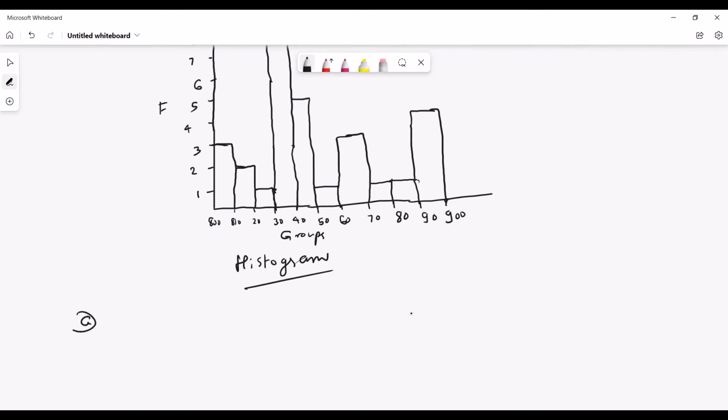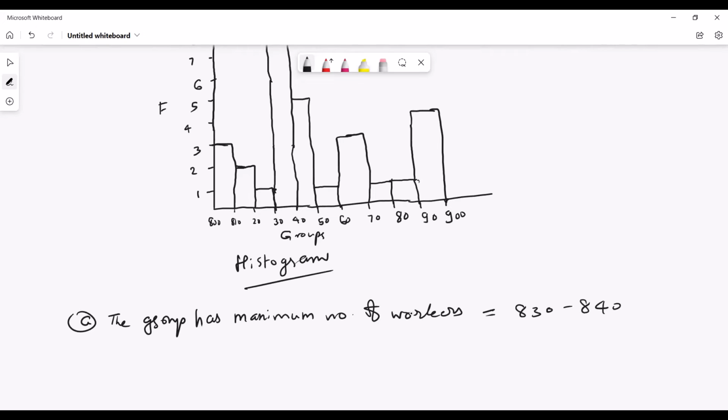So the answer for A is the 830 to 840 group.